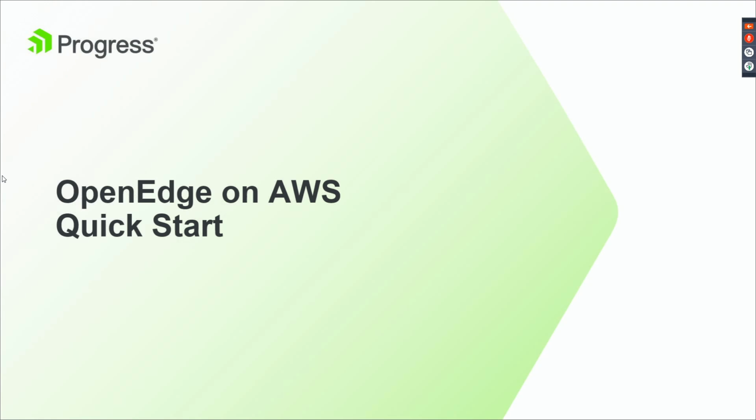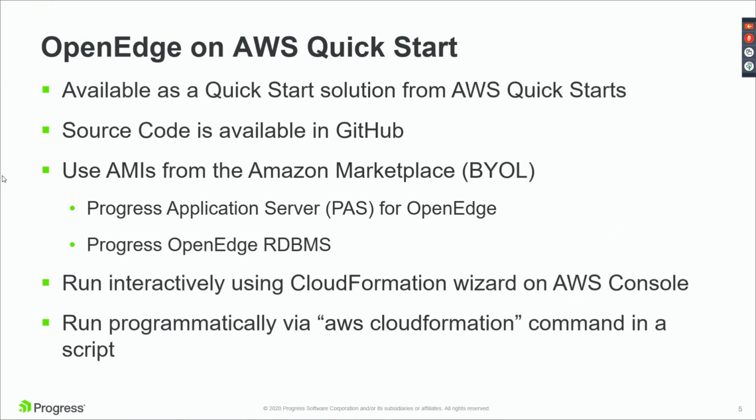So, the OpenEdge on AWS Quick Start. What is it? Well, it is a quick start solution from AWS. AWS has this concept: they bring application partners to build a solution to deliver a package solution of an application, or a way to deploy an application.